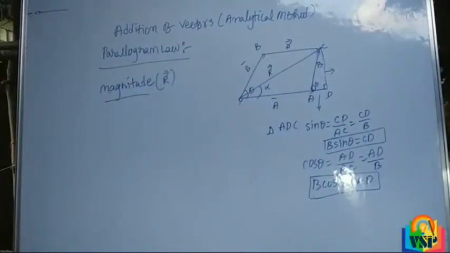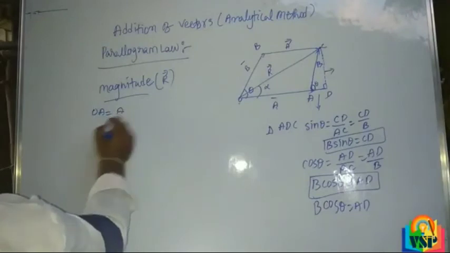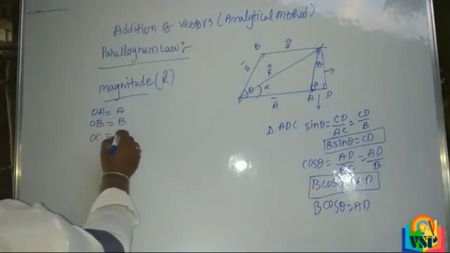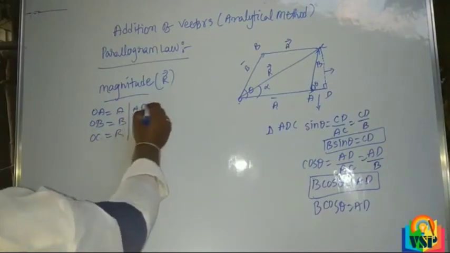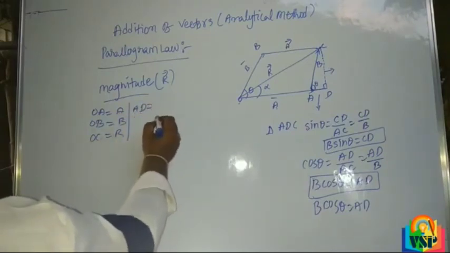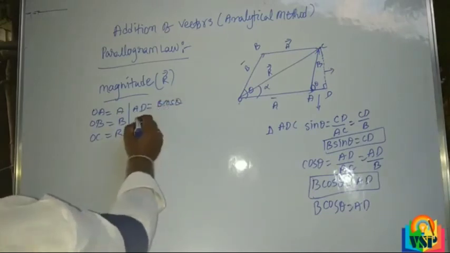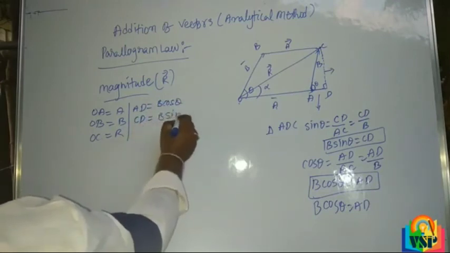We can write here: OA is equal to A, OB is equal to B, OC is equal to R, AD is equal to B cos theta, CD is equal to B sin theta.